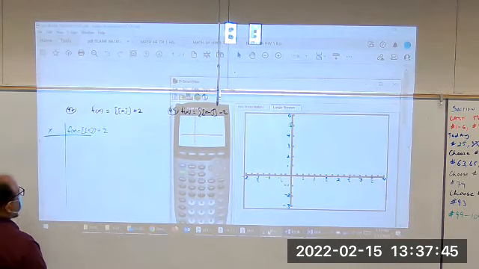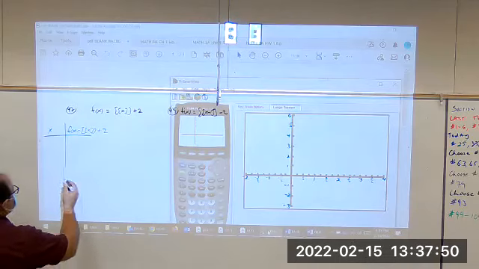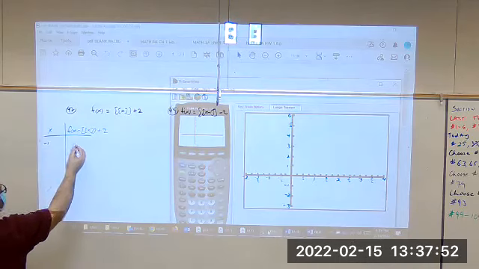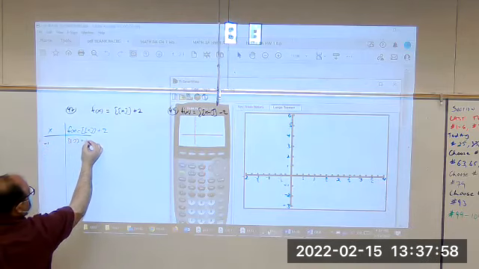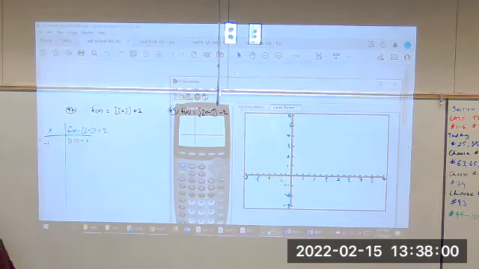So if I just start with negative 1, f of negative 1 would be the greatest integer that's less than or equal to negative 1, and then add 2. Integers are positive and negative whole numbers. The greatest integer that's less than or equal to negative 1. So what's the answer?